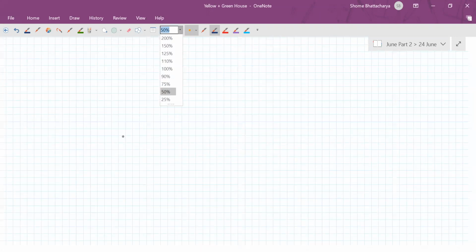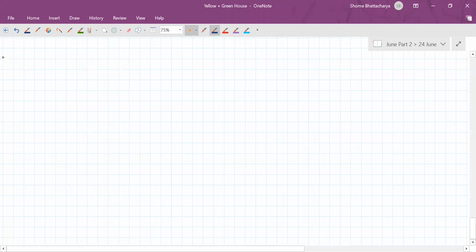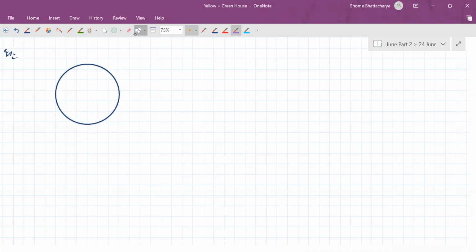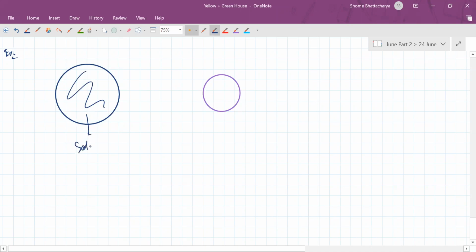So let's see a typical example where this kind of concept comes into question. We are comparing two objects, two metallic spheres, let's say. They have different sizes as well as being made of different materials. So this is a solid metallic sphere A. Now this particular sphere has a radius of, let's say, 9 centimeters.